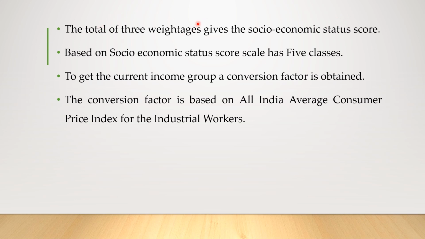Based on this score, the scale has five classes. To get the current income group, a conversion factor is obtained, and this conversion factor is based on the All India Average Consumer Price Index for industrial workers.